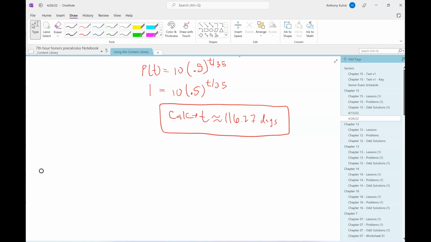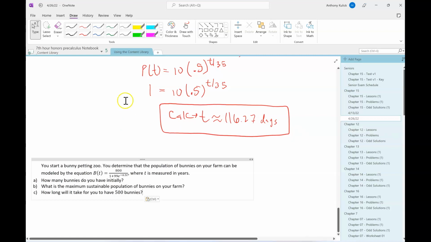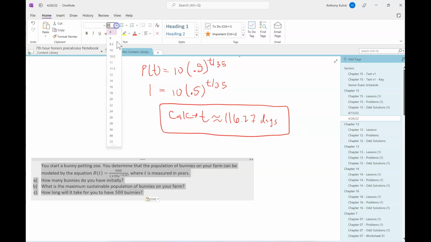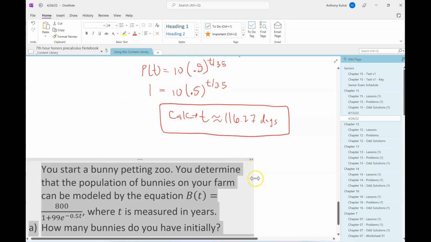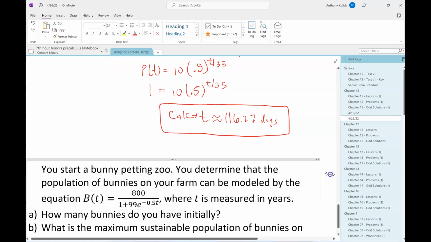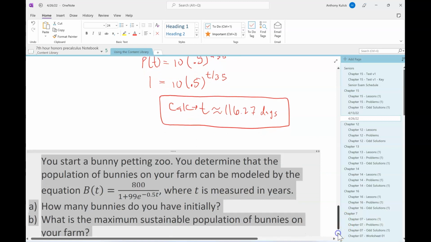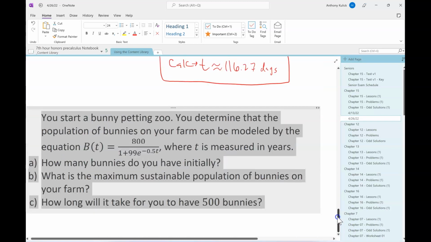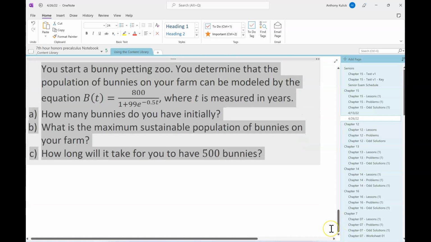One of the other things we talked about in section 15.1 was that realistically, an exponential model is not always the best model to use when describing a population, because a lot of times populations can't get infinitely large, like you can get with an exponential model.